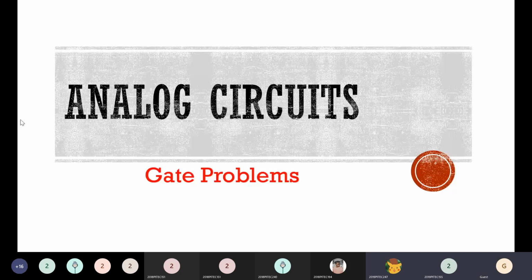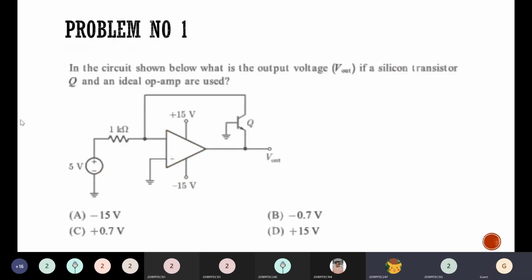Yes, this is the first problem where you can see that a circuit is given with op-amp and transistor and we are asked to find the output of this circuit. Right? In the previous classes I have told that whenever a circuit is given and they ask to find some parameter from the circuit, the first step is we need to identify what type of circuit that is.